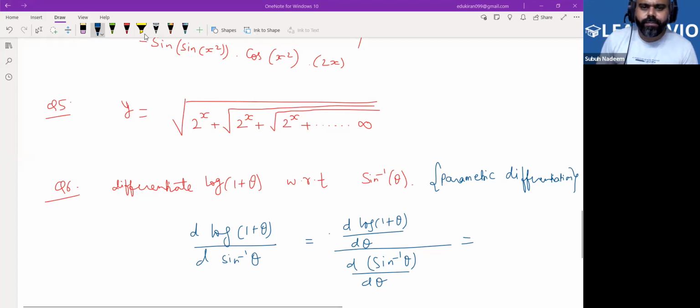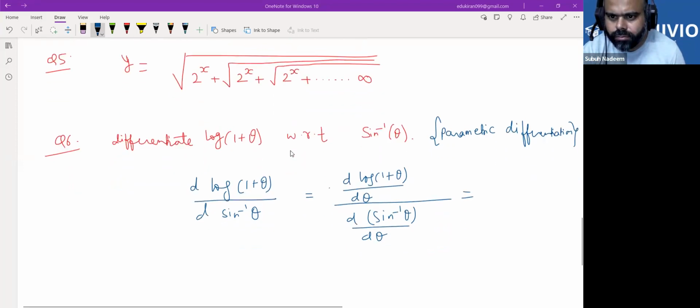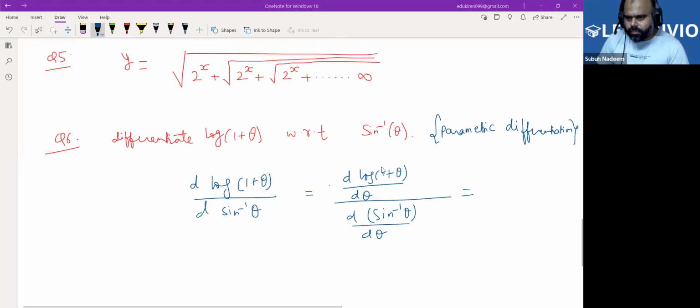Yes. So the second one, equation 6 answer is root of 1 minus theta square by 1 plus theta. Can you speak a little louder? Root of 1 minus theta square by 1 plus theta.